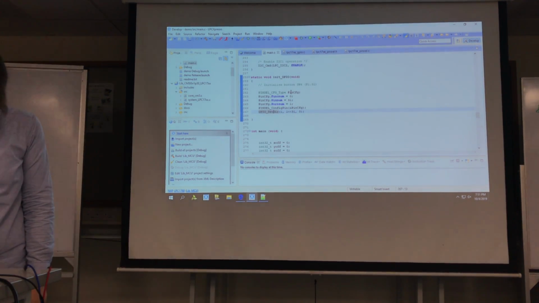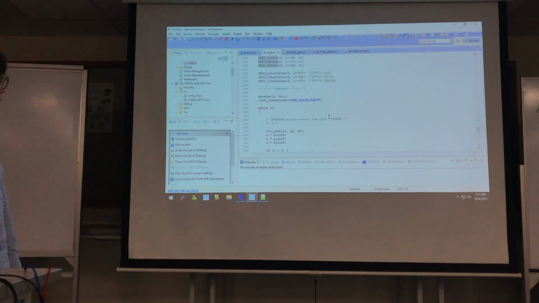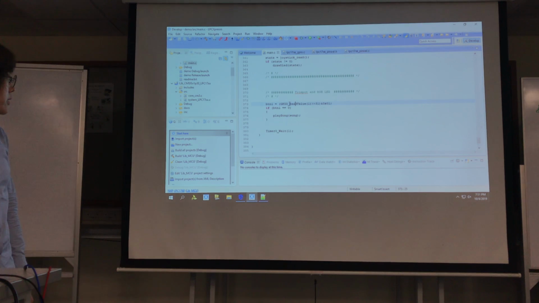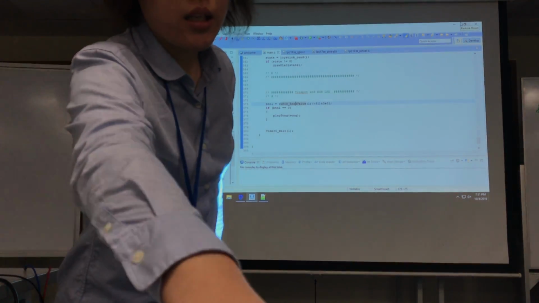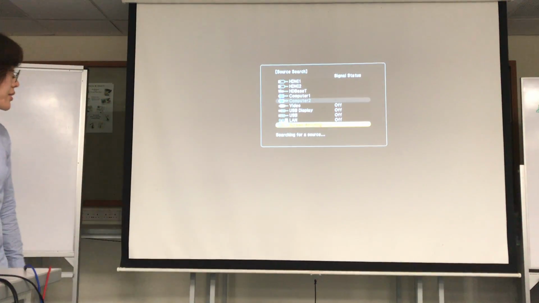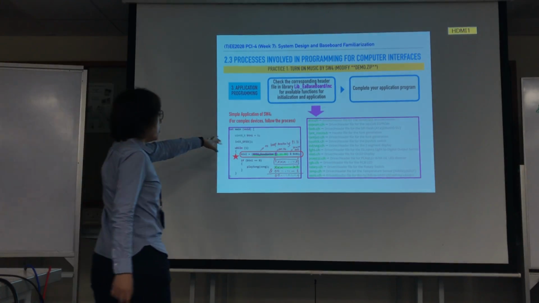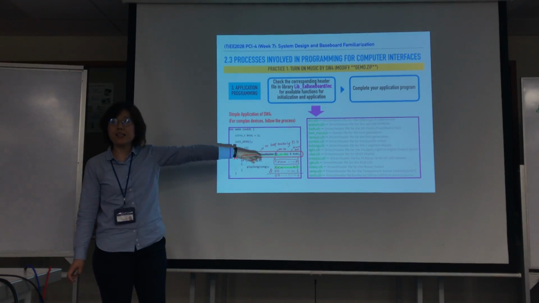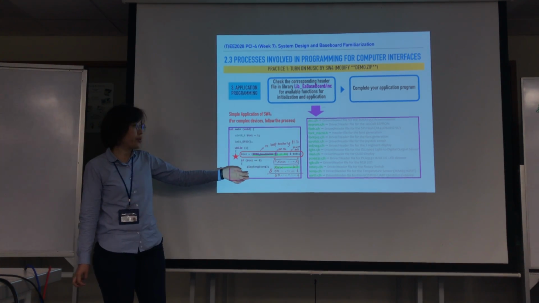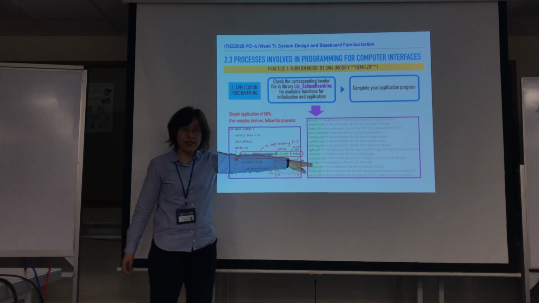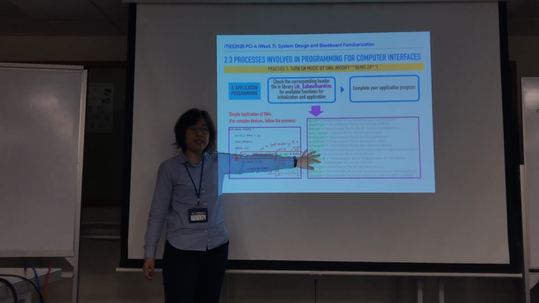And for the application code, here we are using the function given to read the GPIO port, right? For this particular exercise. But what I want to say is later on, when you try to program other complex devices, for example 7-segment, or light sensor or OLED, they are complex devices.